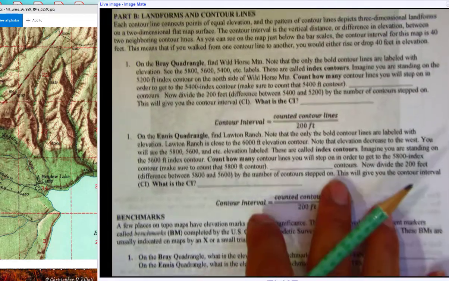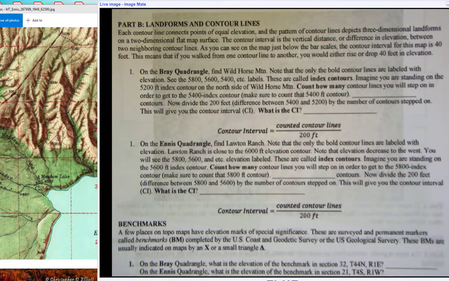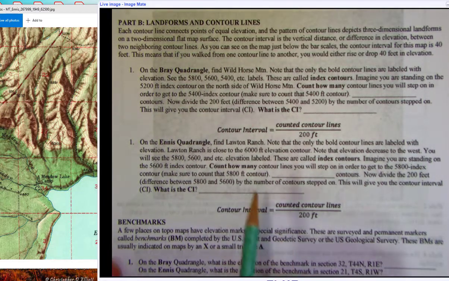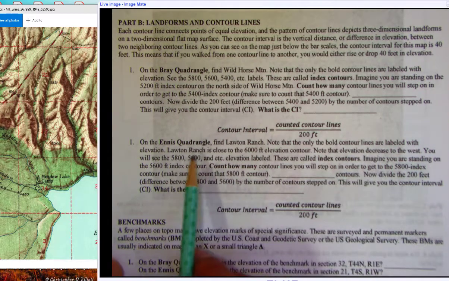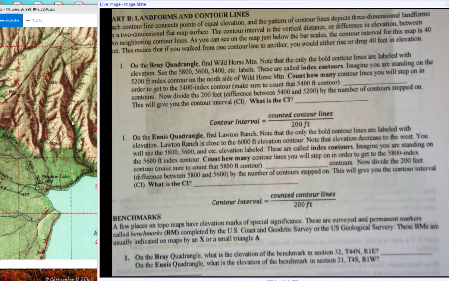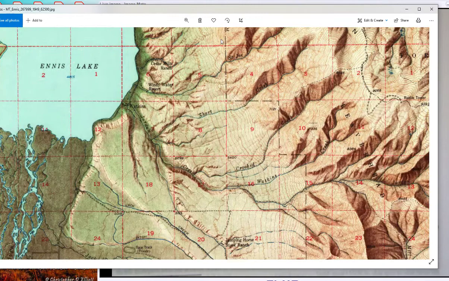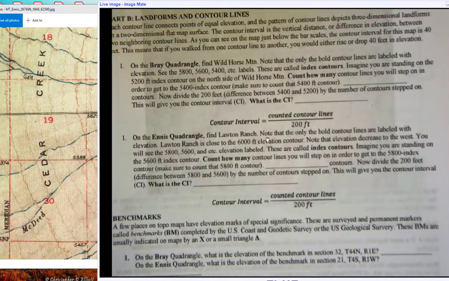The next part deals with landforms. Read about the landforms, and again, we're doing contour interval. What are we asking about the NS quadrangle? Find Lawton Ranch. Note that only the bold contour lines are labeled with elevations.